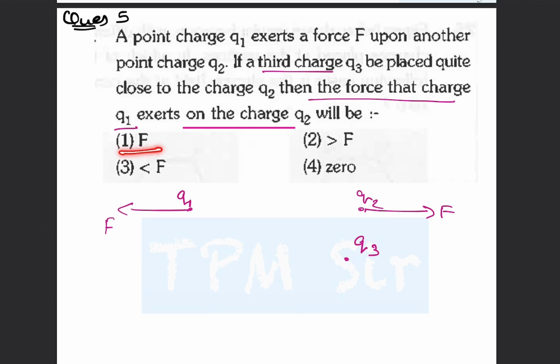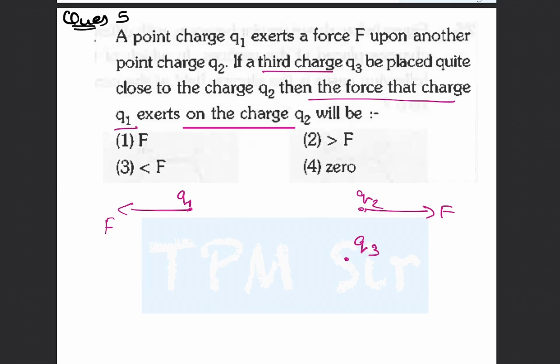Will it be less than F or greater than F, or what? Most students get confused. When Q3 was not there, Q1 was applying force F on Q2, and now they are asking what force Q1 will apply when this charge is present here.